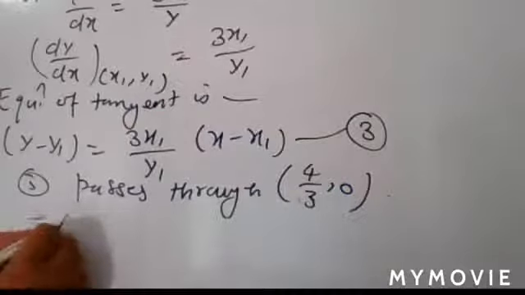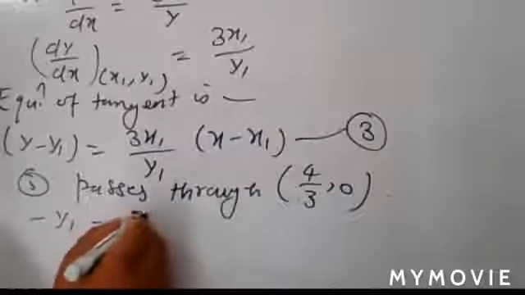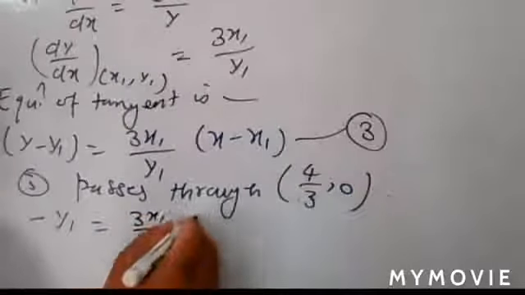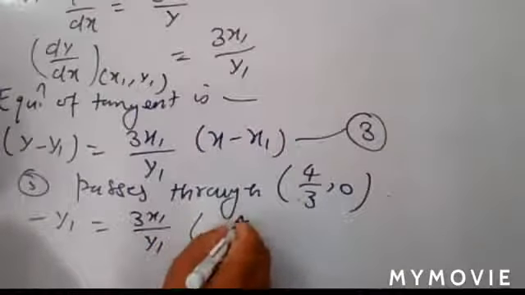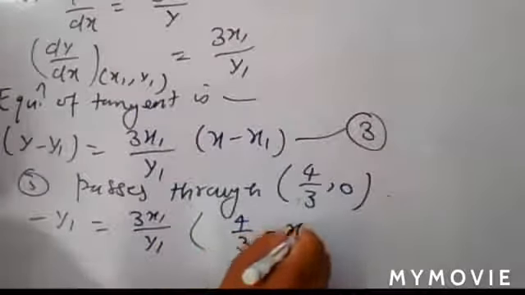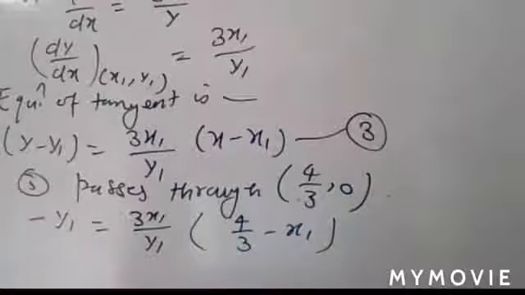So you have minus y1 is equal to 3x1 upon y1, and this side you have 4 upon 3 minus x1.